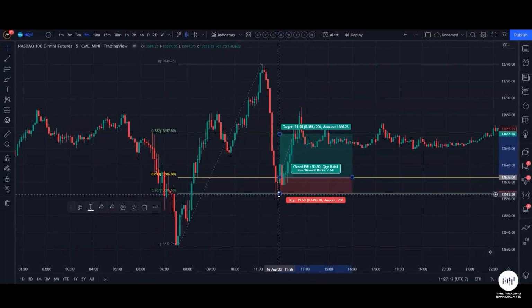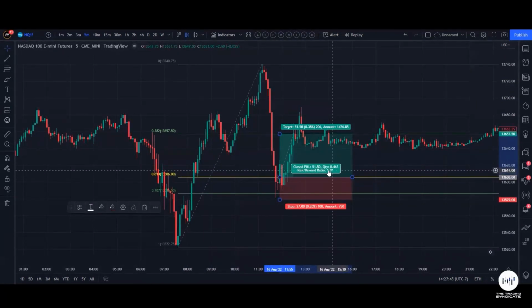But even with a little bit of a buffer here, like say if I put a bit of a buffer on the 0.707 level, you're still getting around 1 to 2 risk to reward ratio, which means that you only have to be correct around 30%, 33% of the time just to break even in the long term. So if you're getting half of these correct, then you will have a positive expectancy in the long term, which is why, once again, you have a low risk, high reward opportunity here, and it allows for such a great opportunity to take a trade.